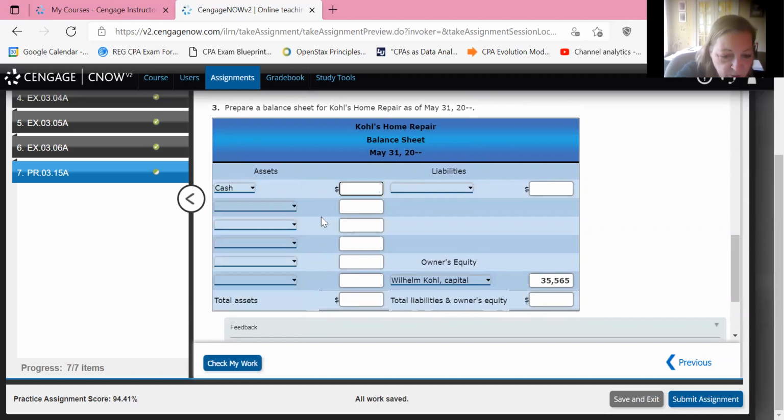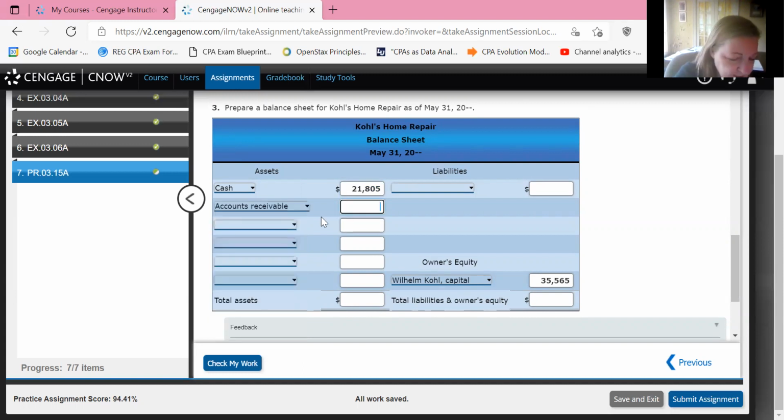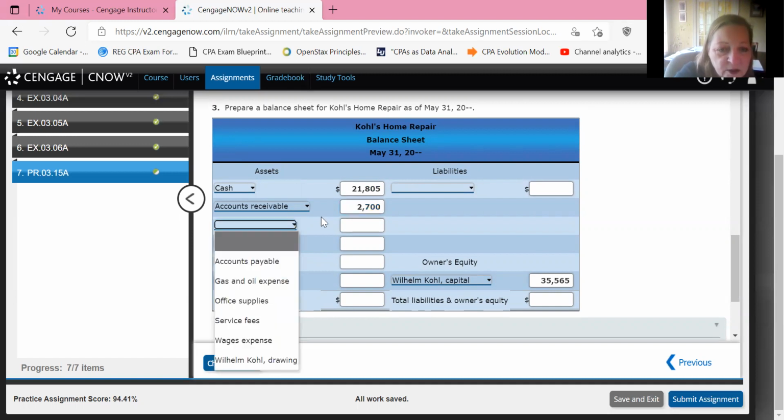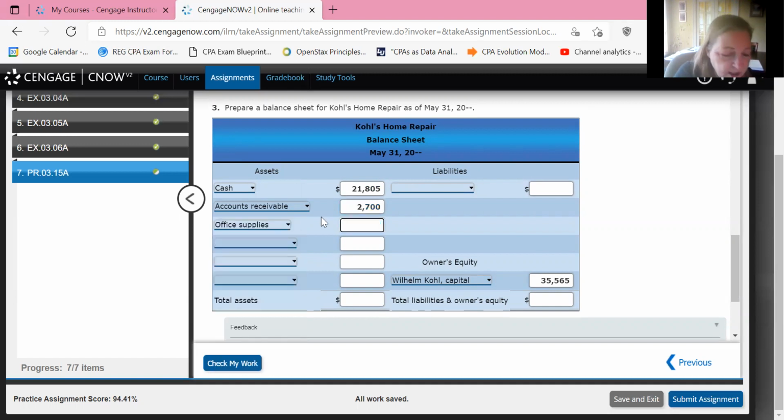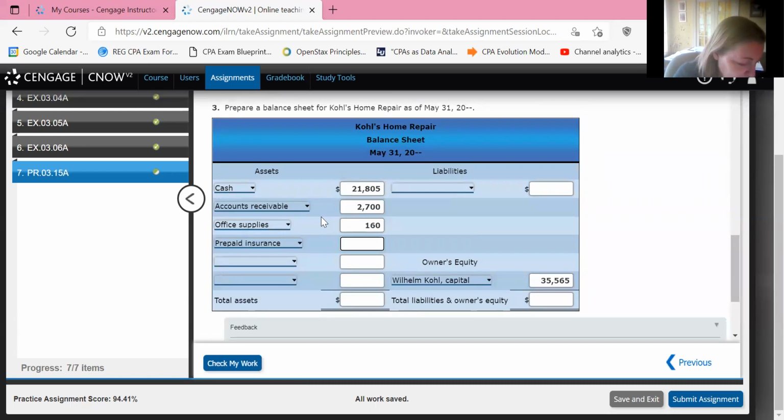Cash was first at $21,805. And again, these are coming straight from the trial balance. Accounts receivable is next at $2,700. Then office supplies, you're putting them in the same order they were in the trial balance, $160. And then prepaid insurance, $1,100.